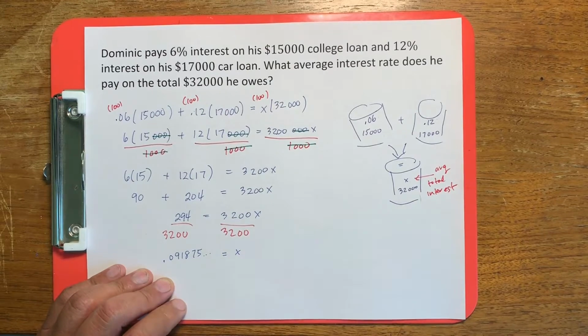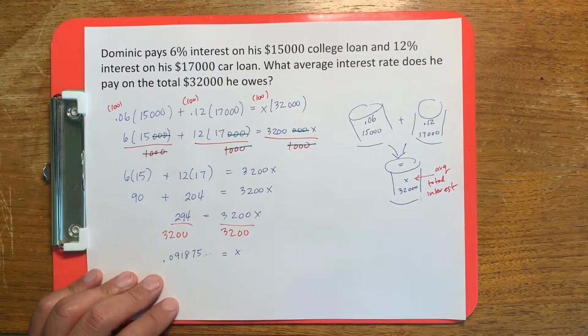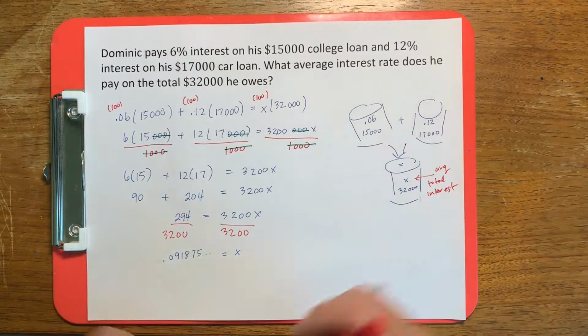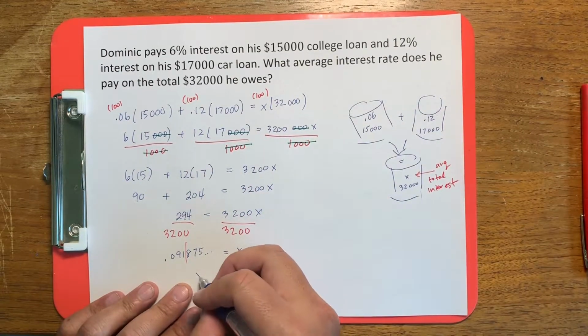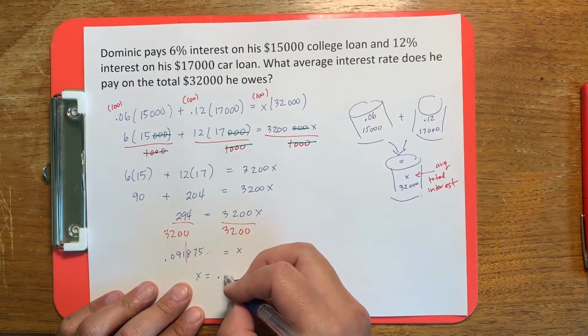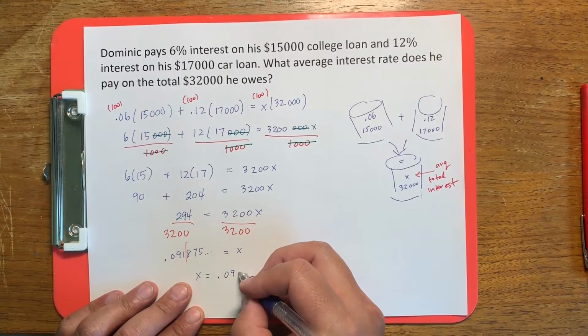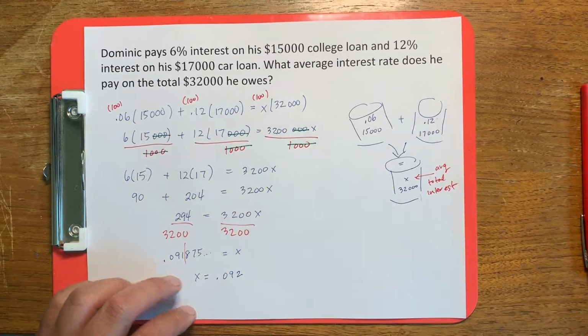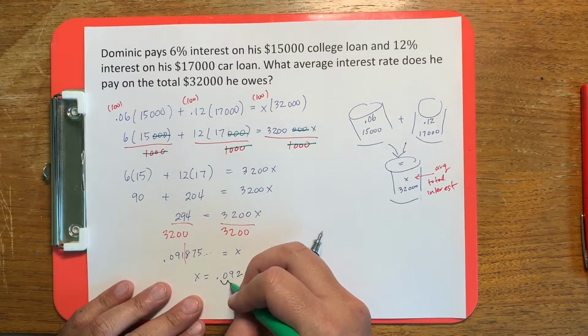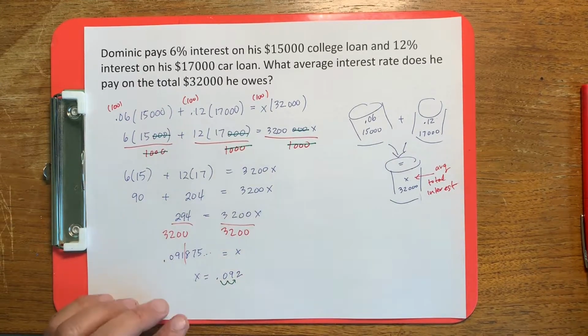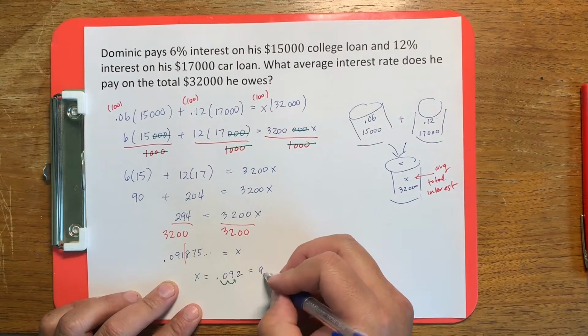And this goes on for a while. But let's just simplify it. Let's just round it over here. And we'll get X is equal to 0.092. Now we got to convert this to interest. So we got to move the decimal 2 places. And now I get 9.2%.